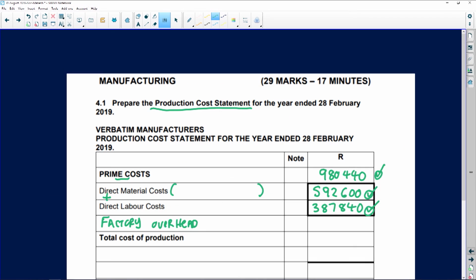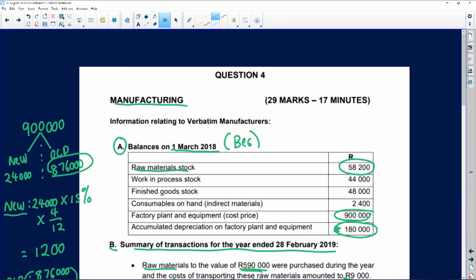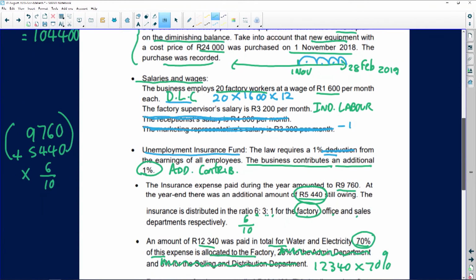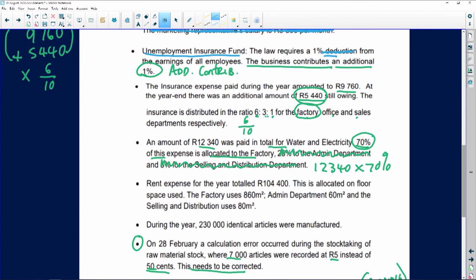Okay, so once again, rent expense for the factory. I'm going to keep on saying that, for the factory. Right, so rent expense, there we go. So rent expense for the year totaled 104,400. This is allocated on floor space used. The factory uses 860 square meters. Admin department 60 square meters, and selling and distribution uses 80 square meters.